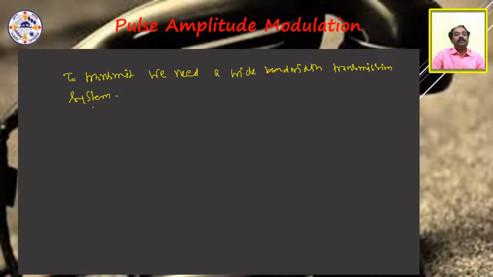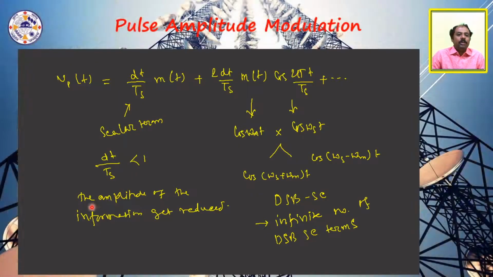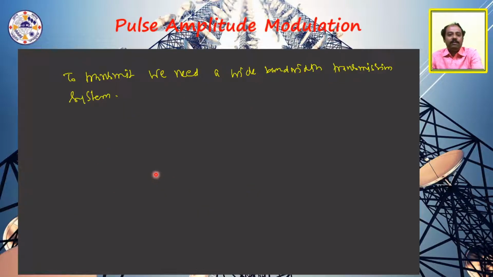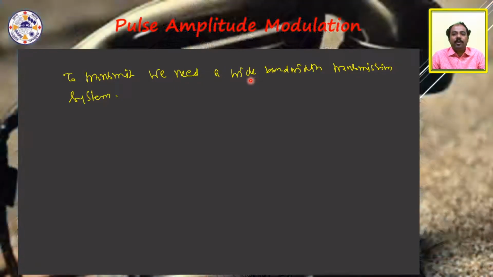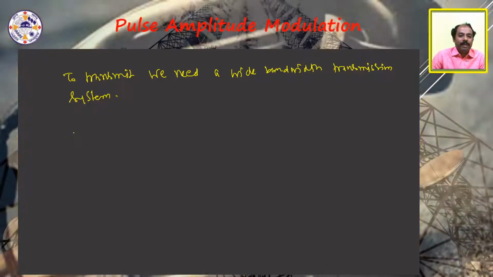So these are the two drawbacks of the pulse amplitude modulated system. The amplitude of the information gets reduced here, this is the first problem, and the second problem is that to transmit it we need a wide bandwidth transmission system. So you can ask then, what is the benefit?